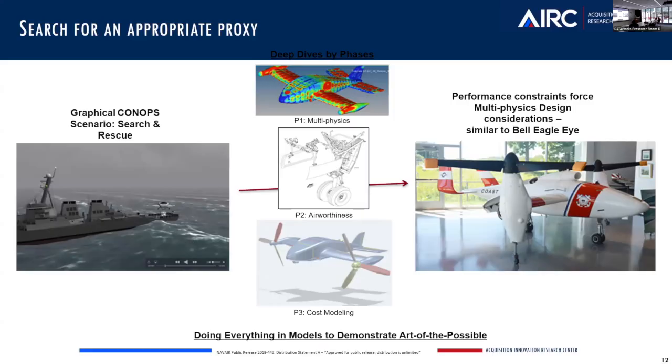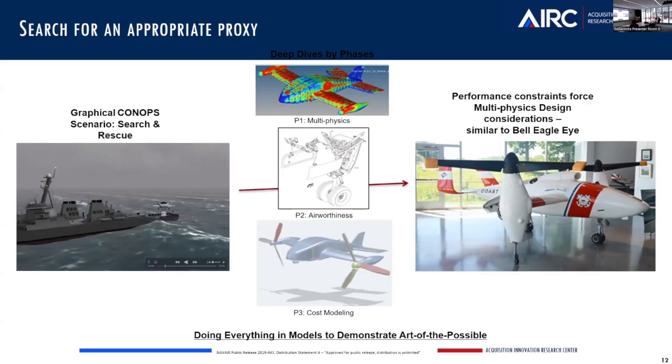quasi-fictitious system in itself, created by NavAir, but a lot of the work was done at the Systems Engineering Research Center. The bumper sticker, I don't know if you can see it, says at the bottom that it's doing everything in models to demonstrate the art of the possible.